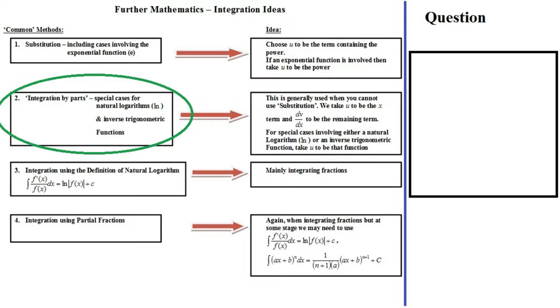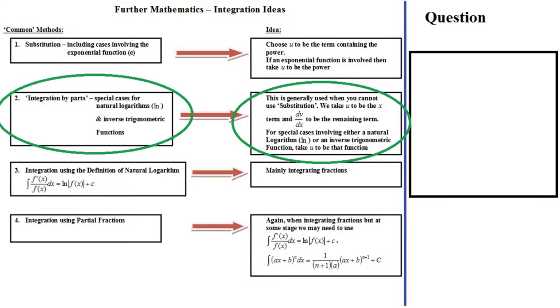Okay, and I stress that if you have a special case, so the special case is any integral containing a natural logarithmic or an inverse trigonometric function, always take u to be that term. So take u to be the natural logarithmic function, or take u to be the inverse trigonometric function when applying by parts, and dv over dx then will be the remaining term.